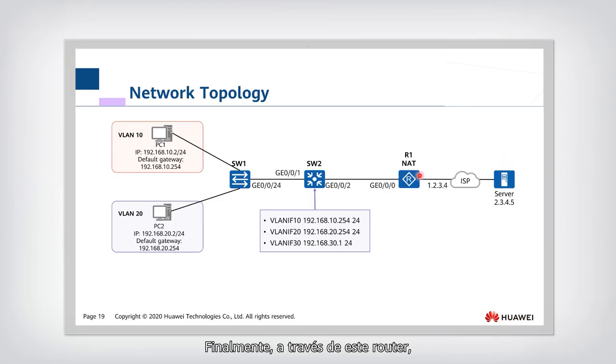And finally, through this router, they are connected to the internet, and there is a server also connected to the internet, and there is a packet from PC1 which wants to communicate with the server.